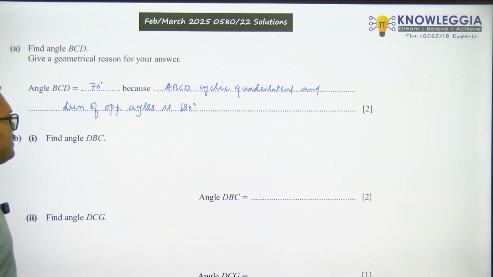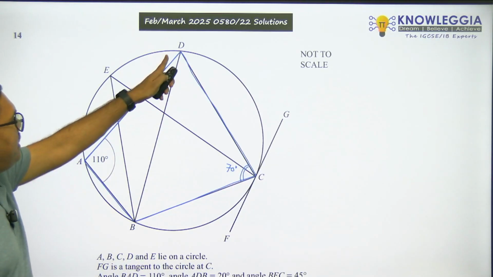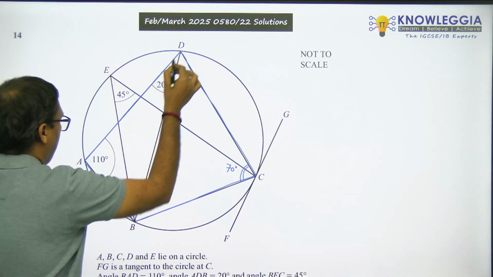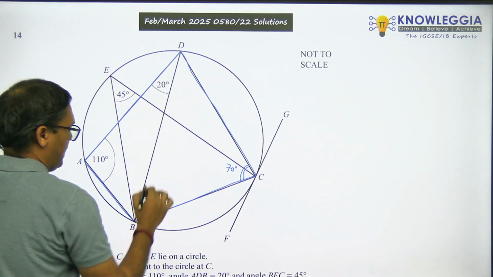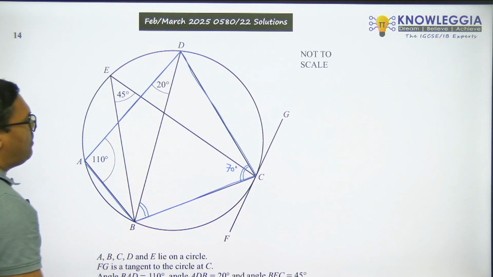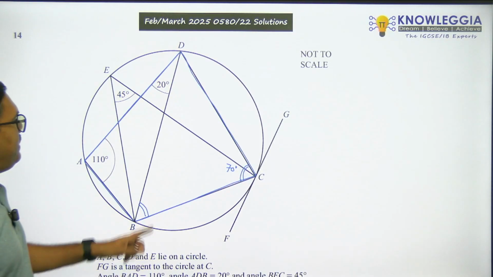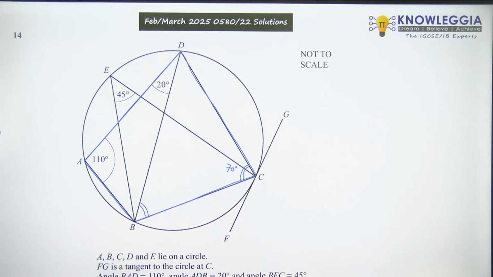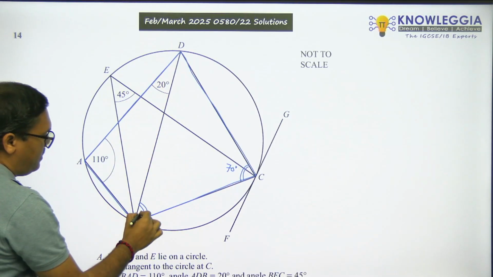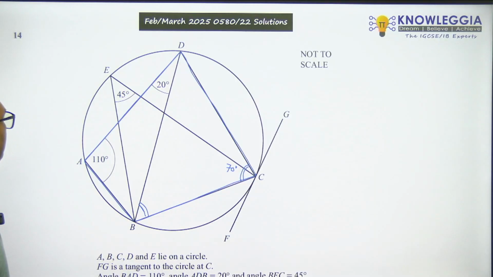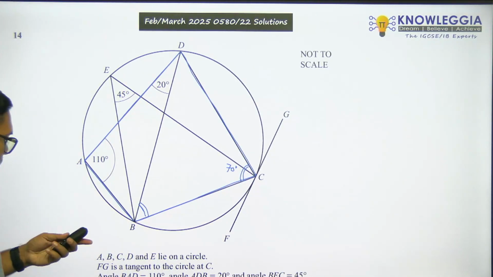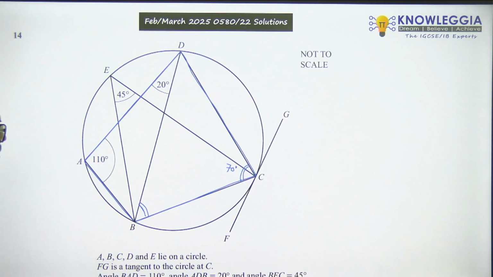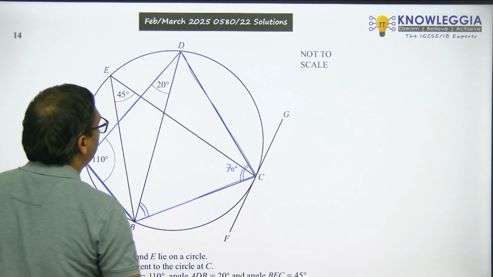Now find angle DBC. That is this angle. Now how will you find this angle? Basically, you have to find this angle.